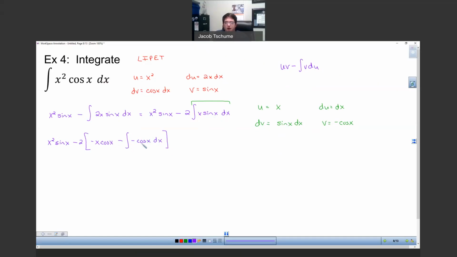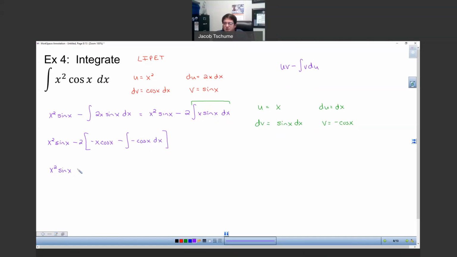Now, the integral of positive cosine is way easier to do, but it doesn't matter. You could leave the negative. So just to show you, you can either factor the negative out front and make it positive and integrate cosine, or if you're comfortable integrating negative cosine directly, that's fine too. So I'll actually do that just to show you it doesn't matter.